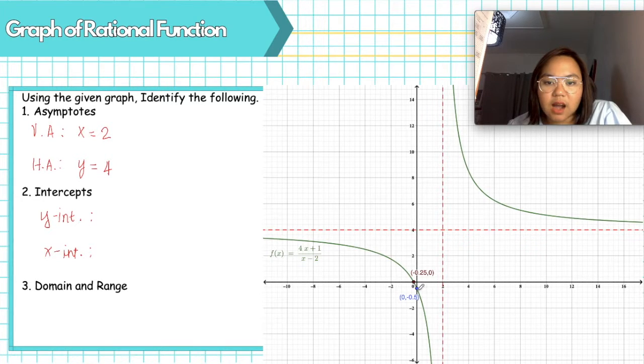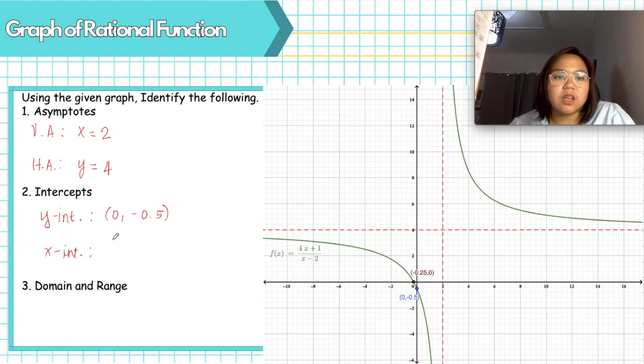Since this is the point that touches the y-axis, that is (0, -0.5). And then the x-intercept will be this red point here, because it is the point that touches the x-axis. So that will be (-0.25, 0).